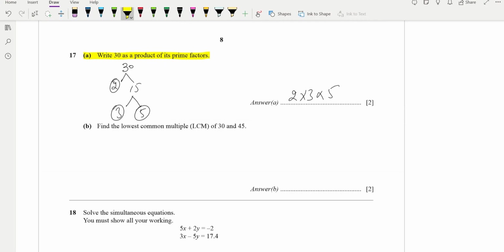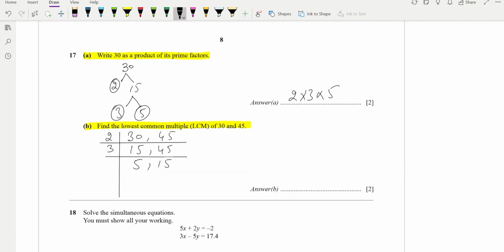And the second part, find the lowest common multiple of 30 and 45, and we can take the division method, which we will apply. This will be 30 and 45, so divided by 2, it will be 15 and 45. Now we can divide it by 3, so this will be 5 and 15.